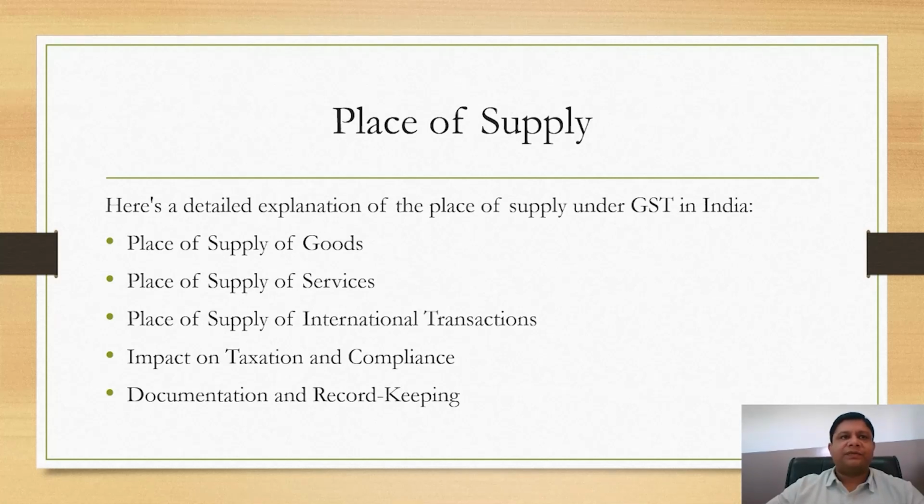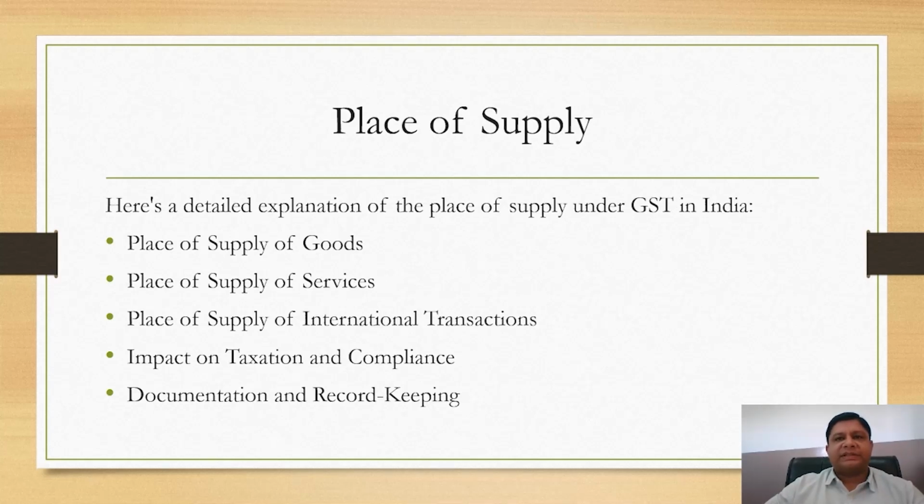Next, place of supply of services. The place of supply of services is determined based on specific rules prescribed under the CGST Act 2017. The rules vary depending on the nature of services and the location of the supplier and recipient.